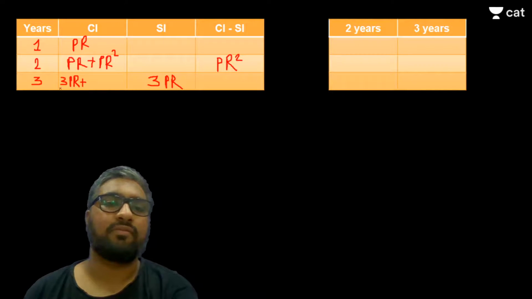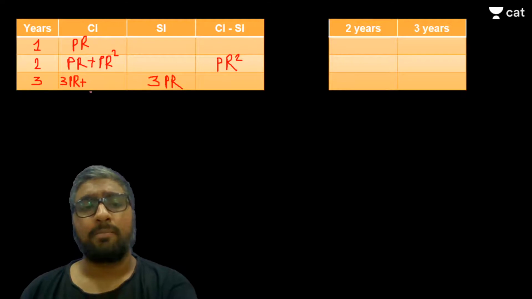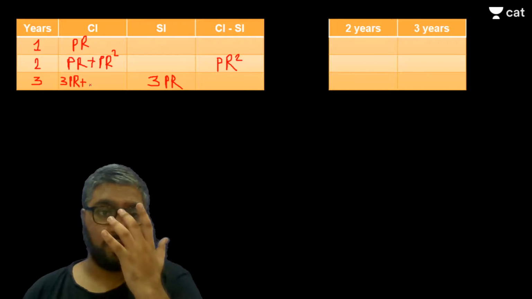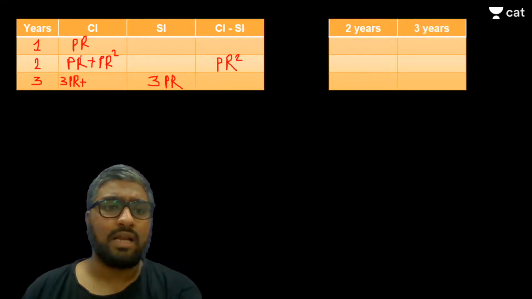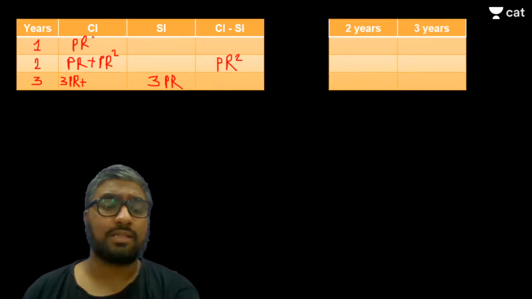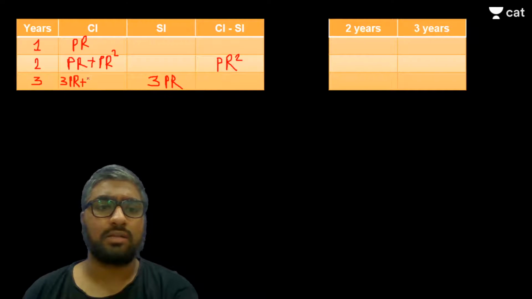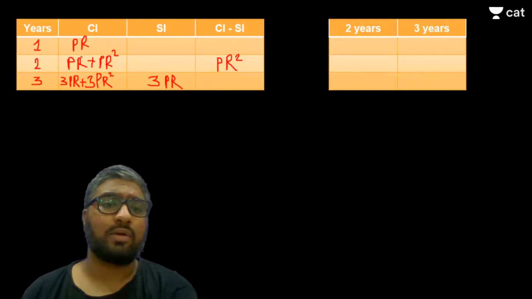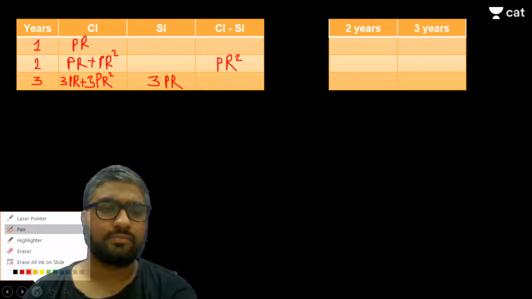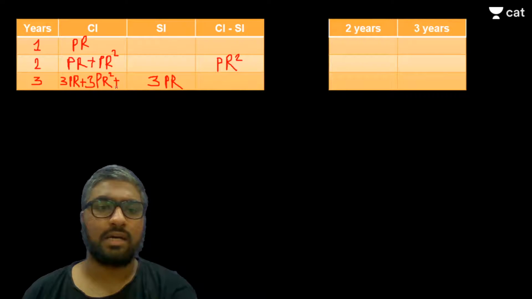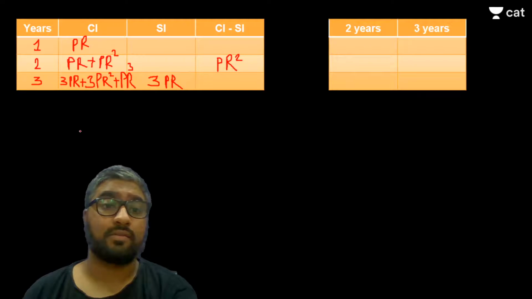In this particular year, there'd be another PR square, and a PR square from the earlier, so we would have 3 times PR square, and if you look at the cubes, plus PR cube.